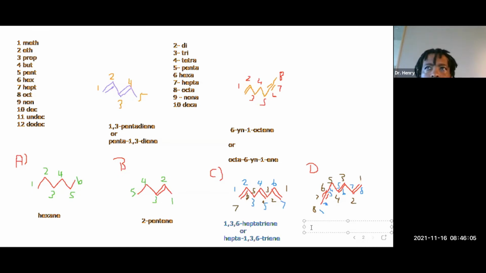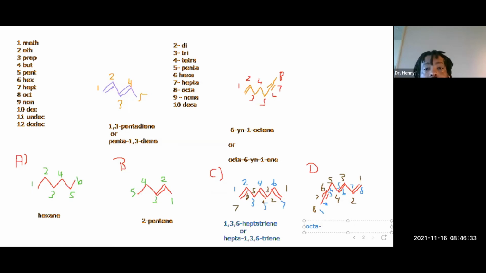So what would be the prefix of the longest carbon chain? Octa. Okay, so we're going to use octa.